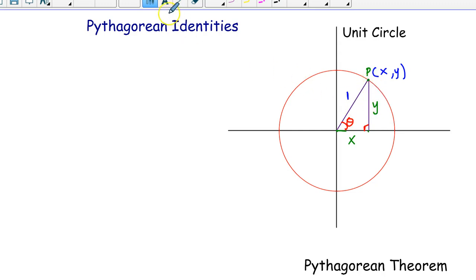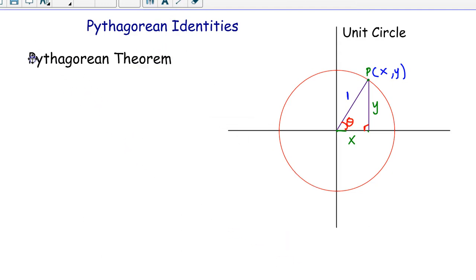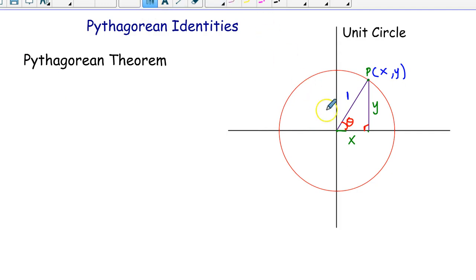Alright, now the Pythagorean theorem states that in any right triangle, the square on the hypotenuse is equal to the sum of the squares of the other two sides. We all remember a square plus b square is equal to c square.